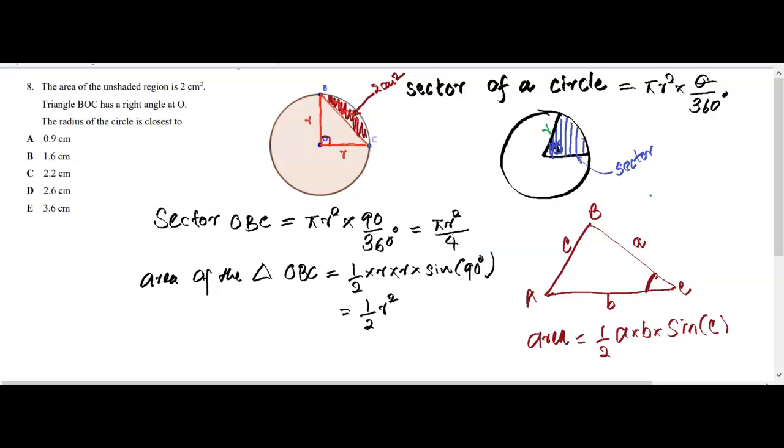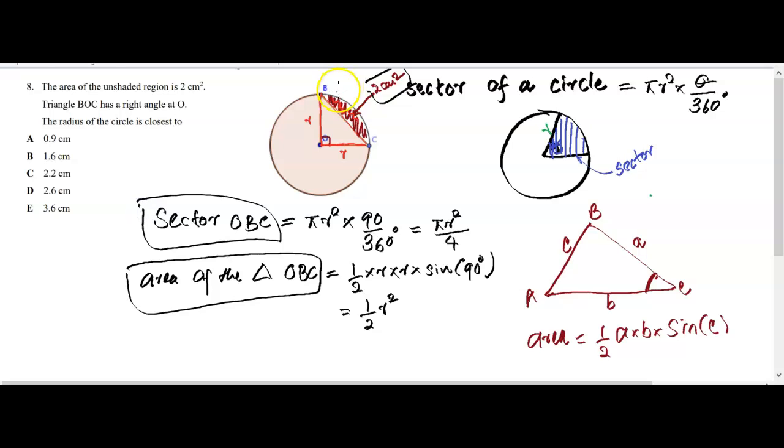Okay, but they have given this. How do you find that? You need to subtract the area of the triangle from the sector OBC. So this is the sector OBC and this is the triangle OBC.